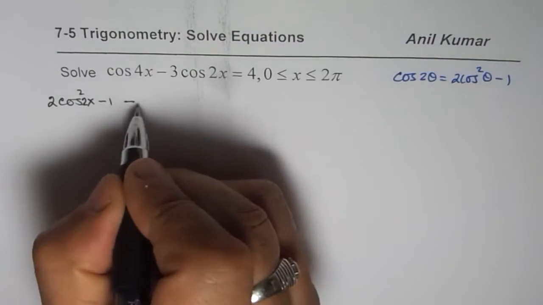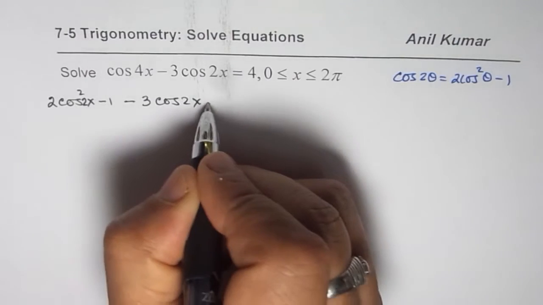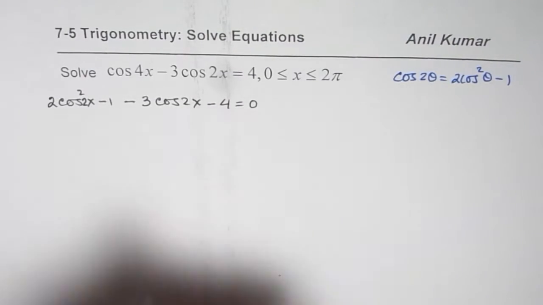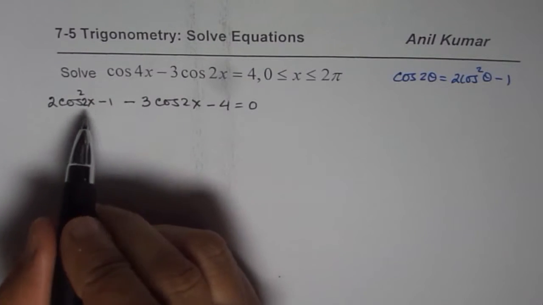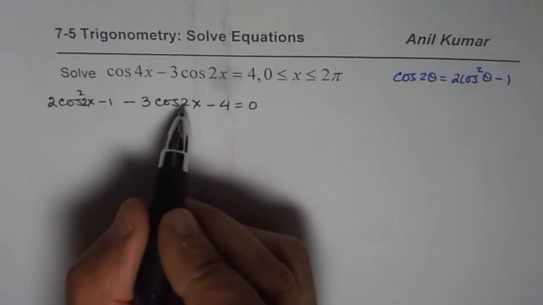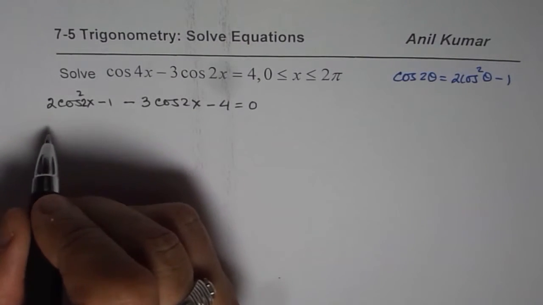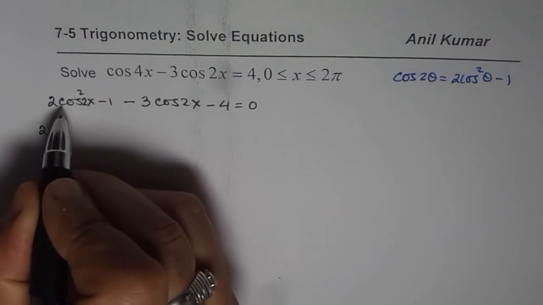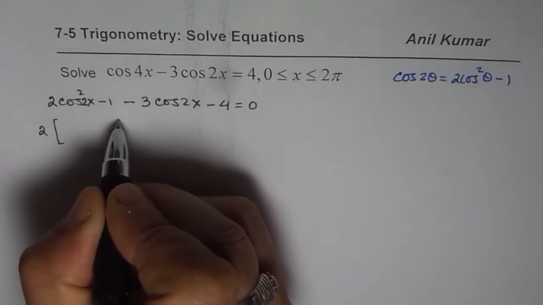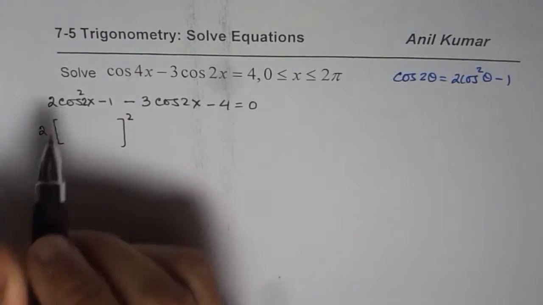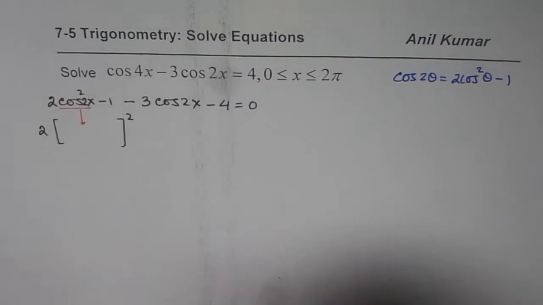And here we have 3 times cos 2x. We'll bring 4 to the left side, so we get minus 4 equals 0. Now at this stage we can write 2x also and break it down to cos x terms. So we have 2 times cos square 2x, so I'll use a bracket and square, and for cos 2x I'm going to write the value inside.